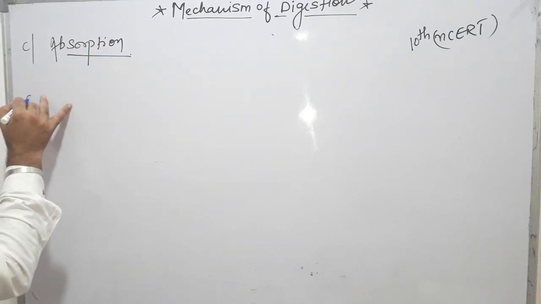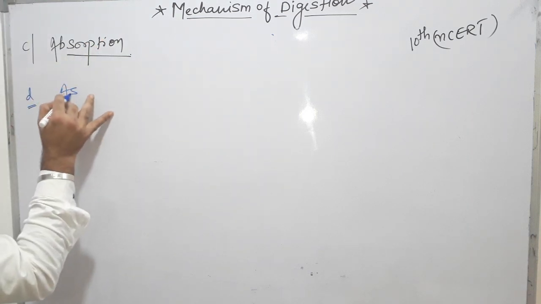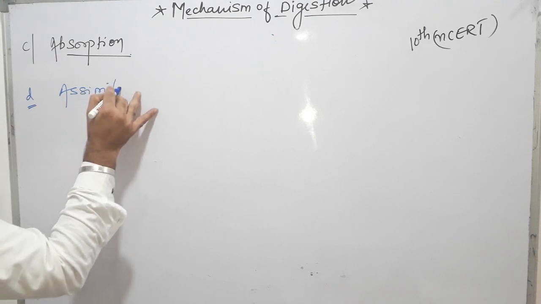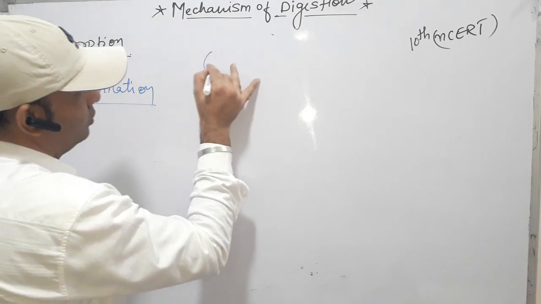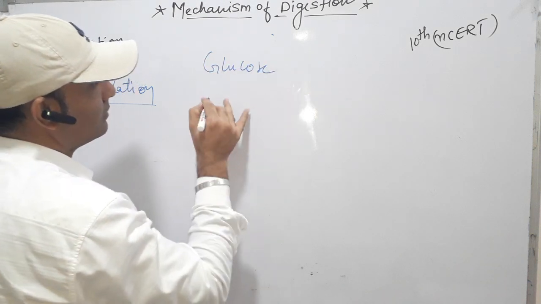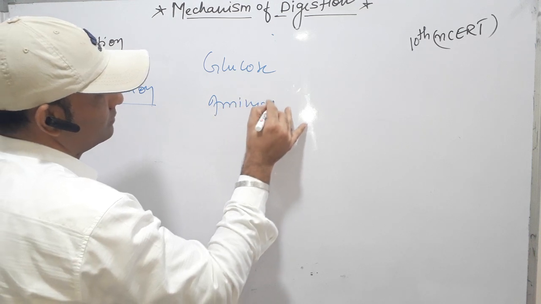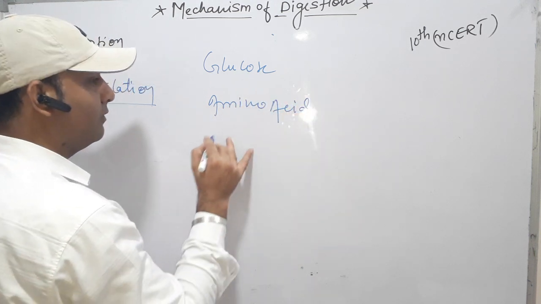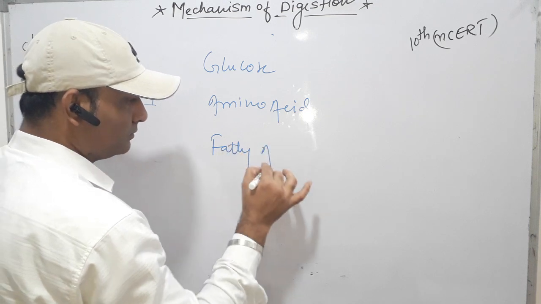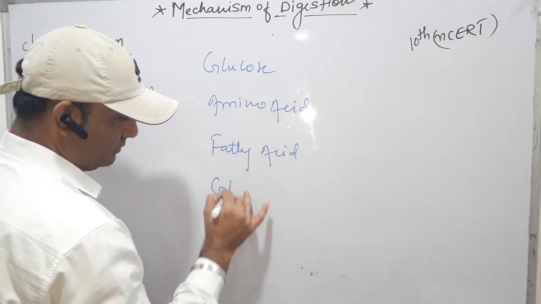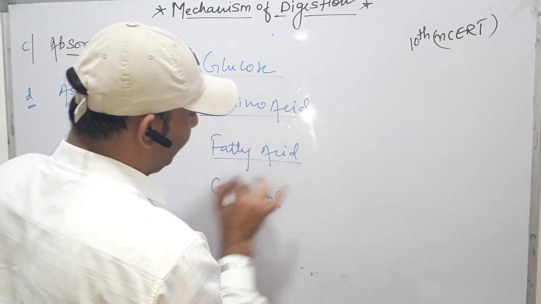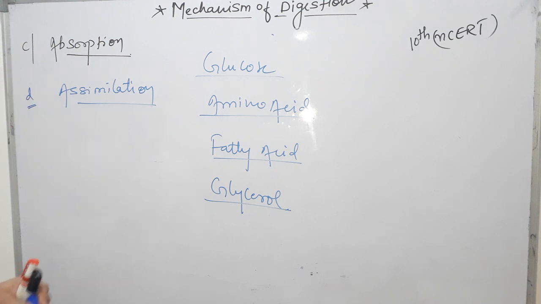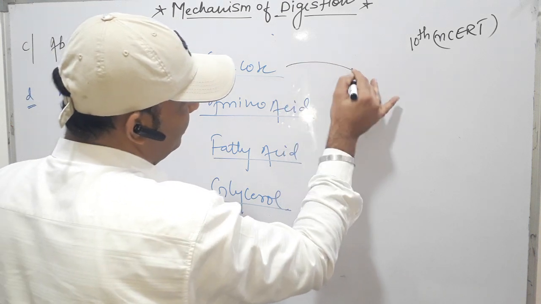After absorption, the next topic is assimilation. In assimilation, all these digested foods, like glucose, amino acid, fatty acid, and glycerol, all final digested products enter into the human blood, where they are transported to the cell and all utilized to generate other products.